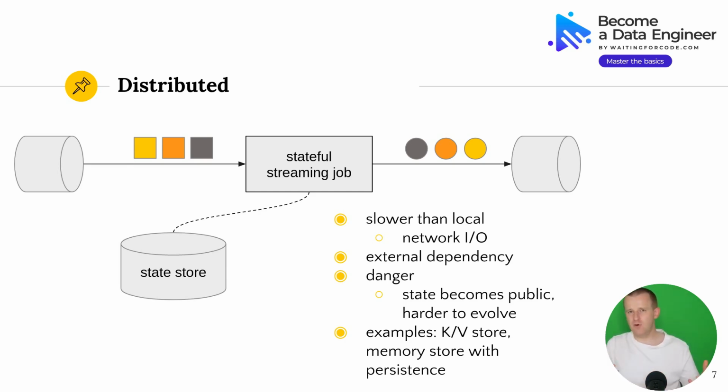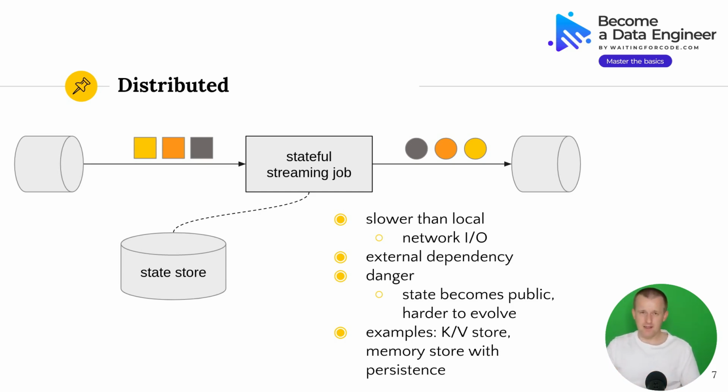So generally it becomes more a data exposition layer than the internal state store of your stateful streaming job. Here you can obviously use things like key-value stores that by definition are fast in access, still slower than in memory, or memory stores with persistence. Of course, it's also slower because it involves network traffic.